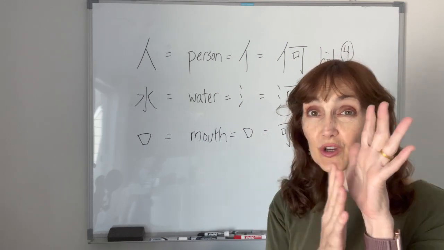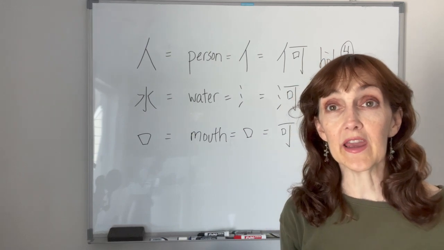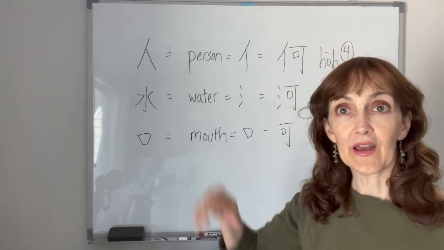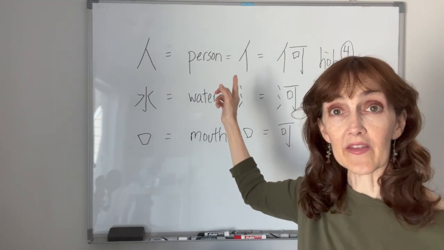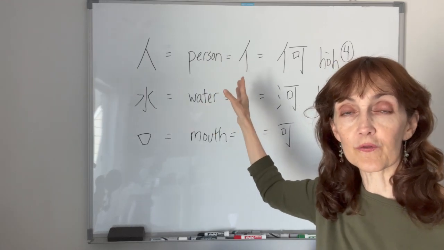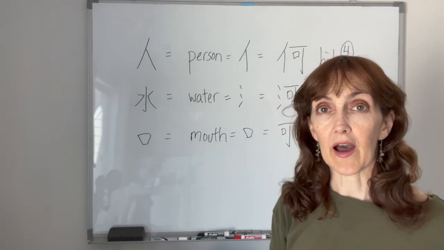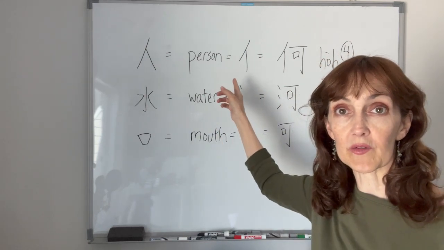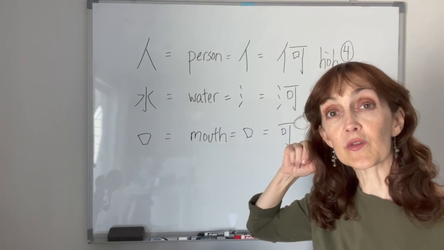They get smushed or used in a different form and you don't really recognize it right away, but that's what it is. That's what it looks like on the left side most often in radical form. Of course, it can be its complete form in a character as well, but a lot of times this is one of the most, these 3 are actually among the most common radicals.